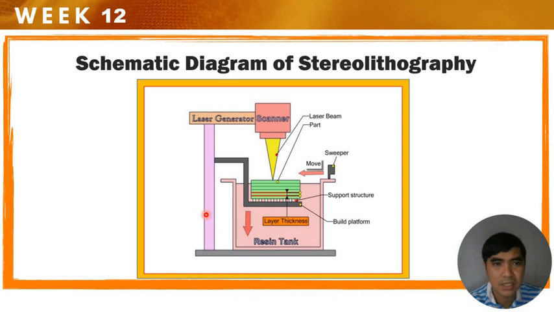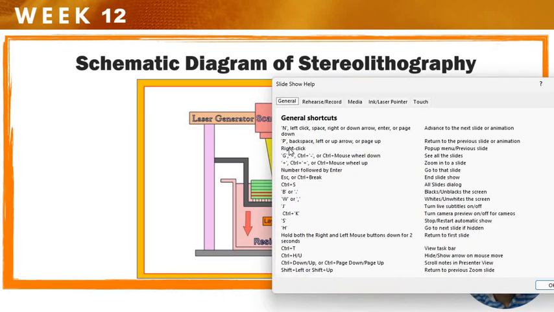Okay, so this is the schematic diagram of SLA or stereolithography. So this is the laser generator, which uses UV light. This laser generator is not as strong as the one that is used in the SLS.